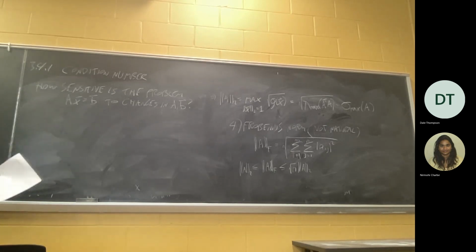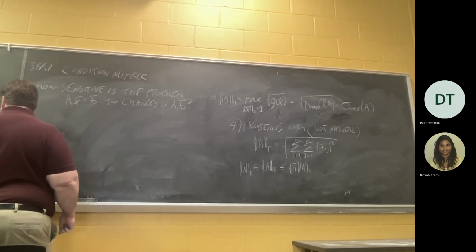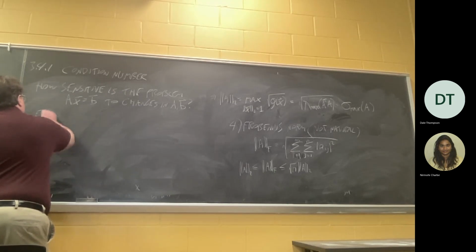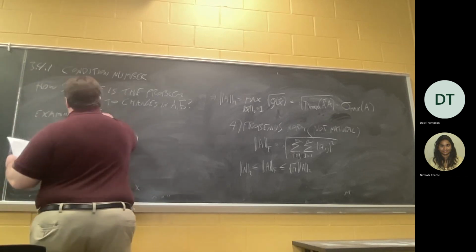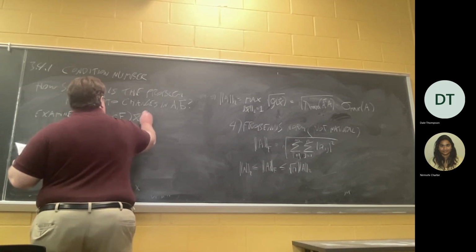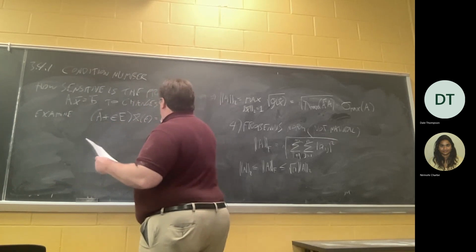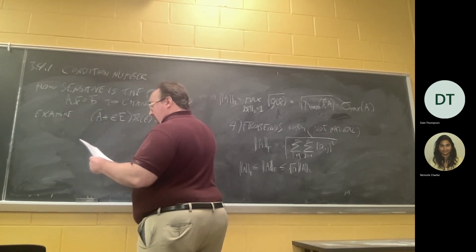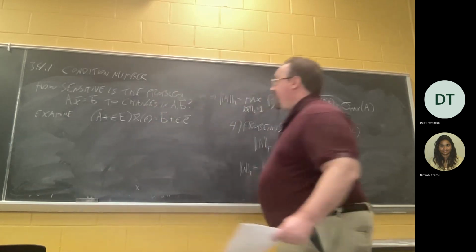So to get an idea of how sensitive it is, we're going to examine this problem. That's a perturbed problem: A plus epsilon capital E, x of epsilon, is equal to b plus epsilon little e.